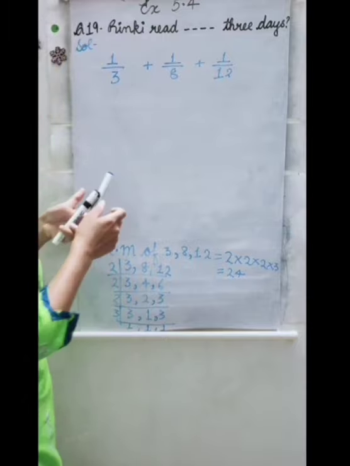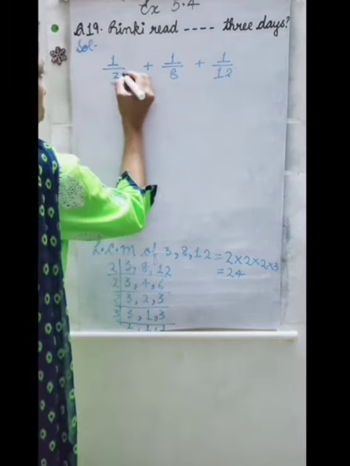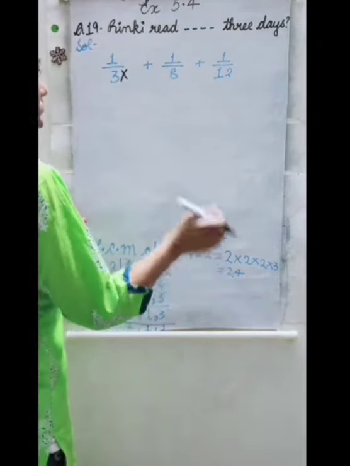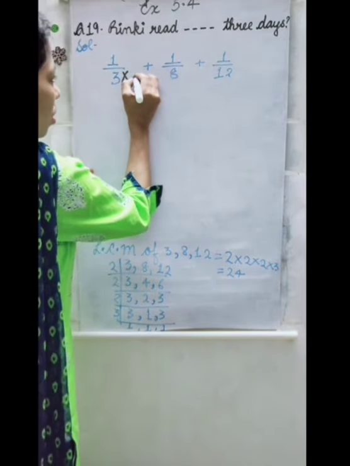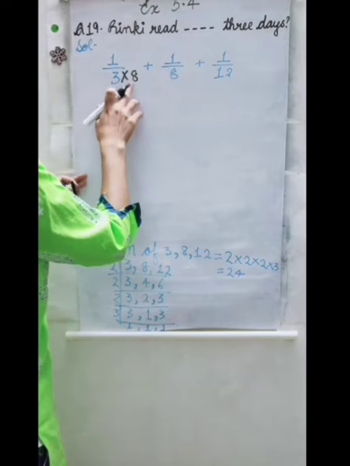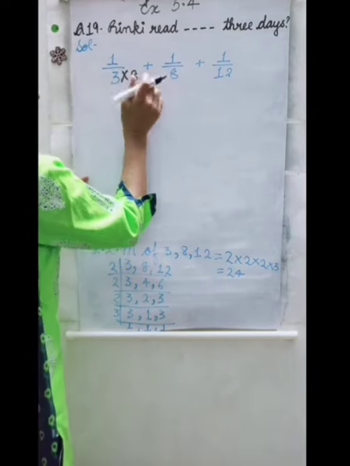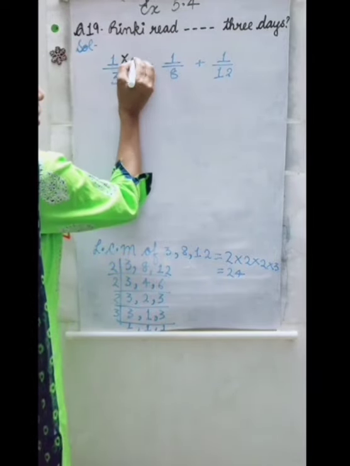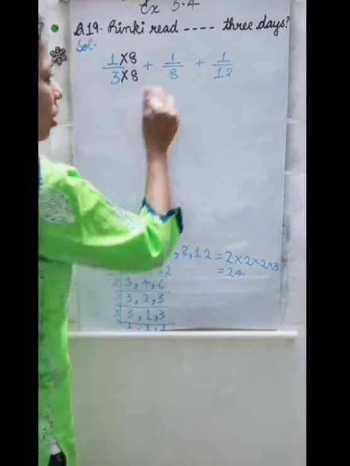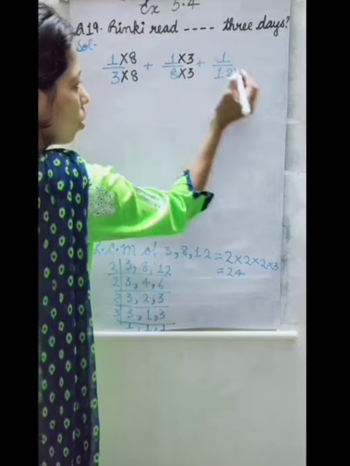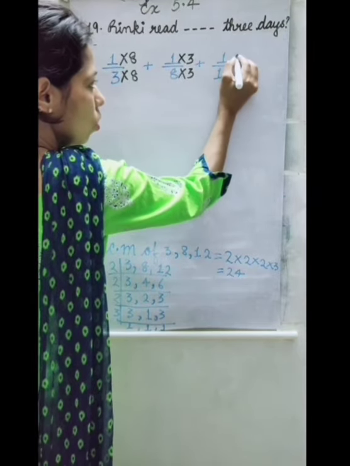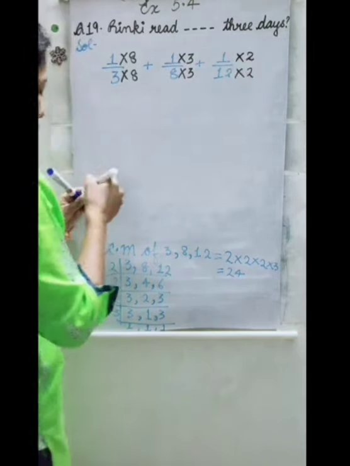Now we have to convert this 3 into 24. How? By multiplying this 3 by 8, since 3 eights are 24. We will multiply the numerator by 8 as well. Then 8 threes are 24, 1 into 3. 12 twos are 24 and 1 into 2.